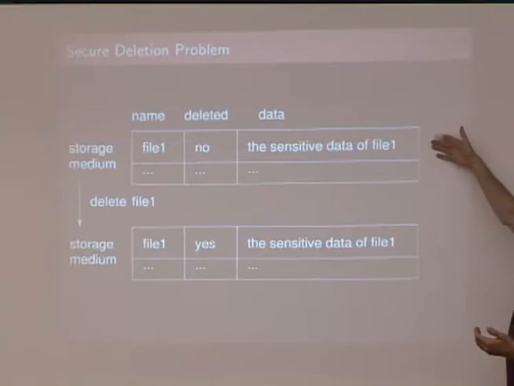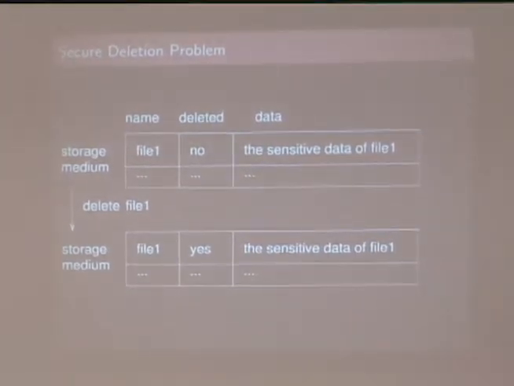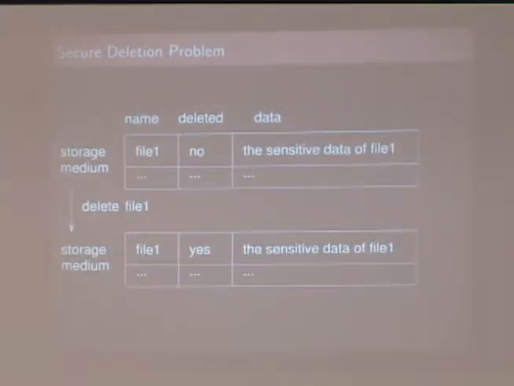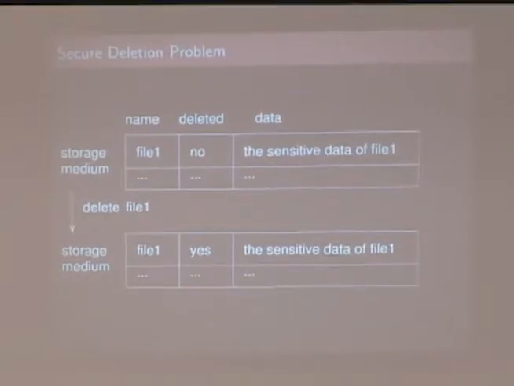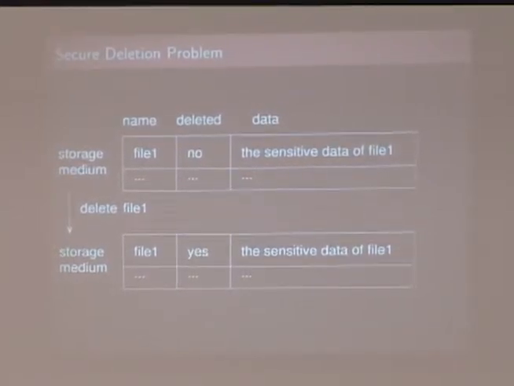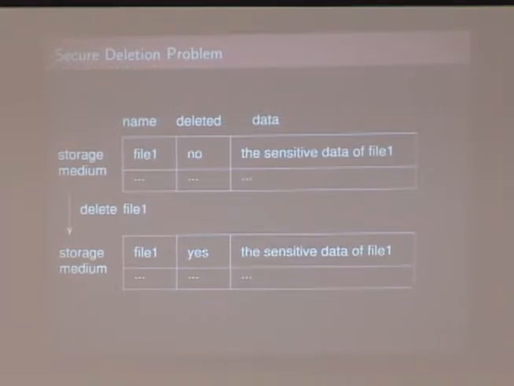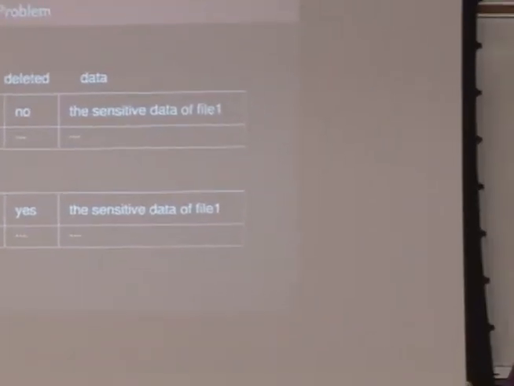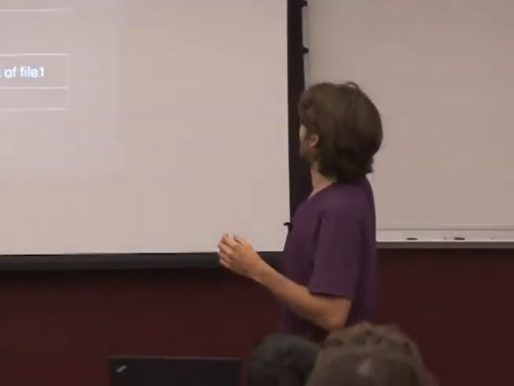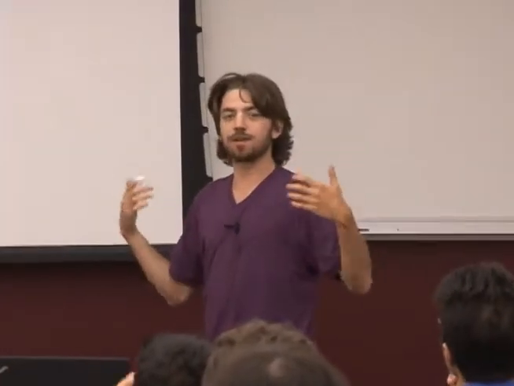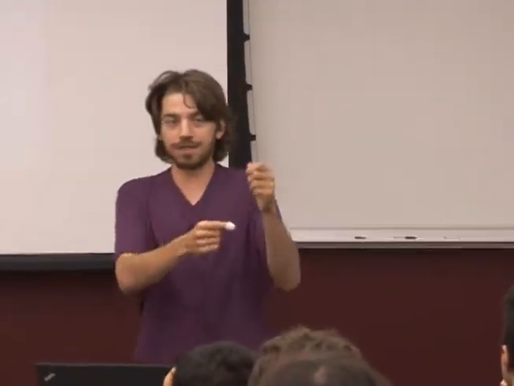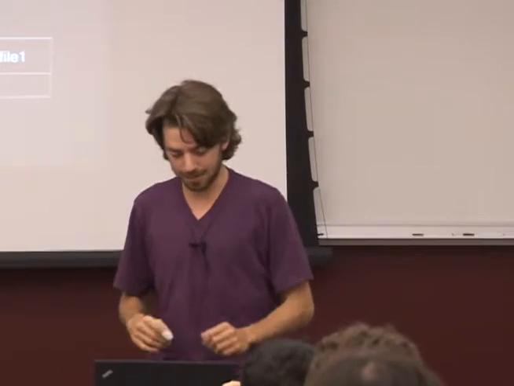When you delete a file, the only thing that typically changes is that a flag is flipped from, no, the file is not deleted, to, yes, the file is now deleted. The sensitive data, of course, remains in some form on the storage medium. And generally, at some later time, this extra capacity that could be used to store different data is reclaimed. However, at the time of deletion, it's just a very quick operation. Now this particular sector is free to be used for new data.